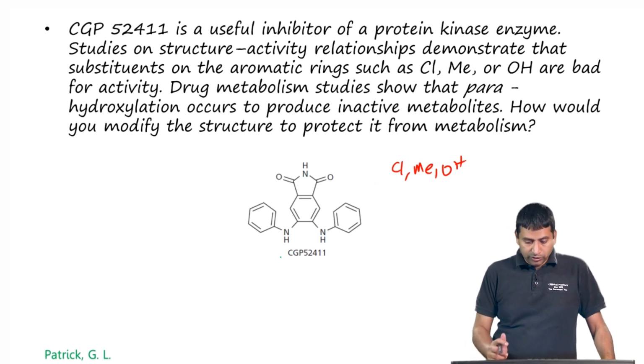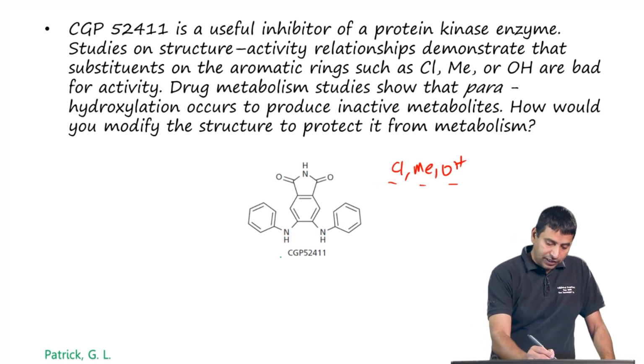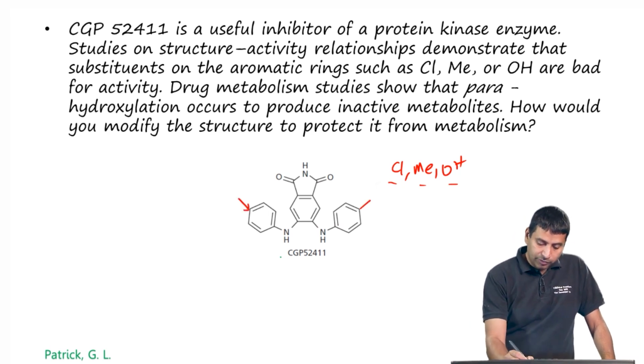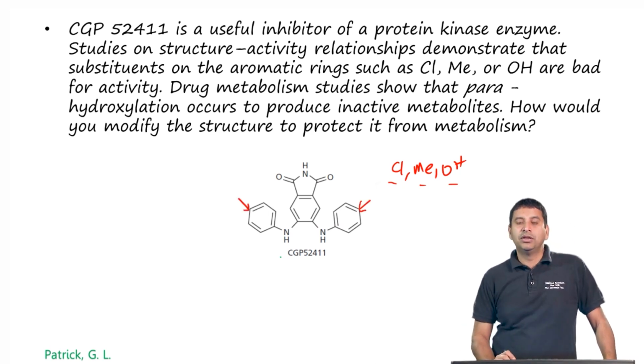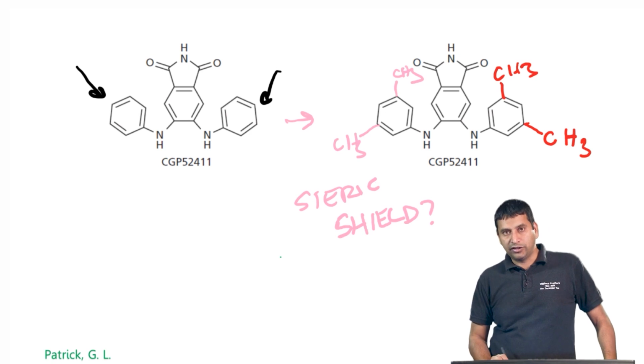So, here the question is that none of these molecules are useful, and this site is actually susceptible to metabolism. So, we can follow a couple of strategies. The first one is to use a steric shield strategy.